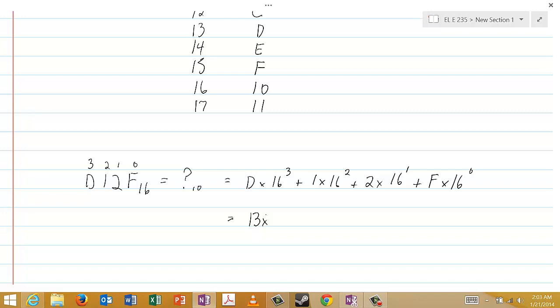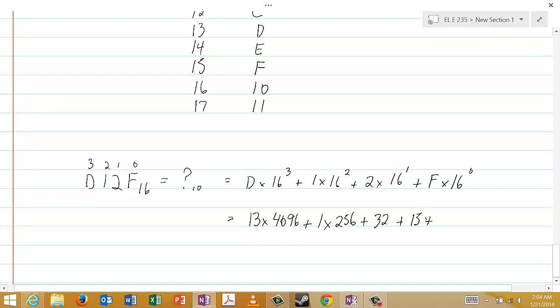Okay, 16 cubed is 4,096. 16 squared is 256. 2 times 16 would be 32. And then F is equal to 15. And 16 to the 0th power is 1. So we have 15 times 1.